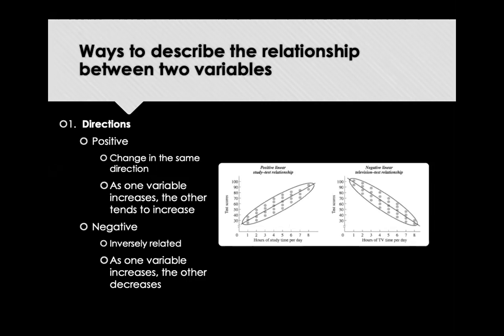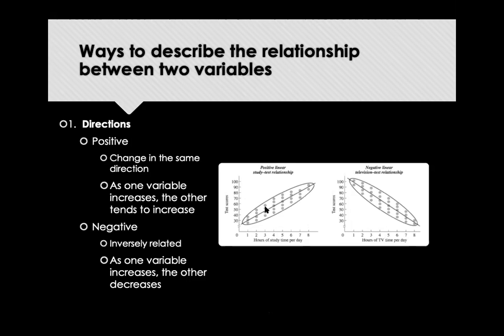The first way to describe the relationship is in terms of direction, and here we mean either positive or negative. When you have a positive relationship, that means that the change is in the same direction. In other words, as one variable increases, the other variable also increases. That's a positive relationship, and that's shown here on the left scatter plot.